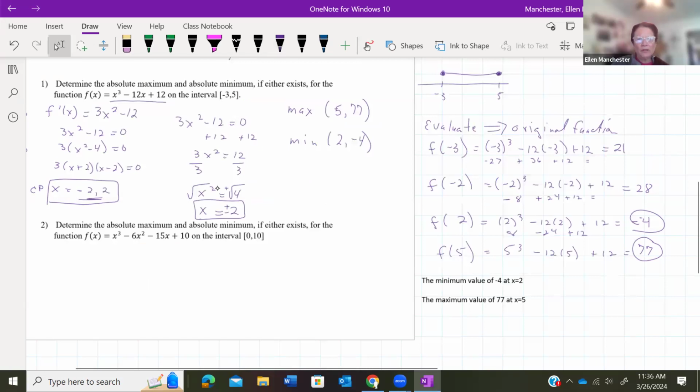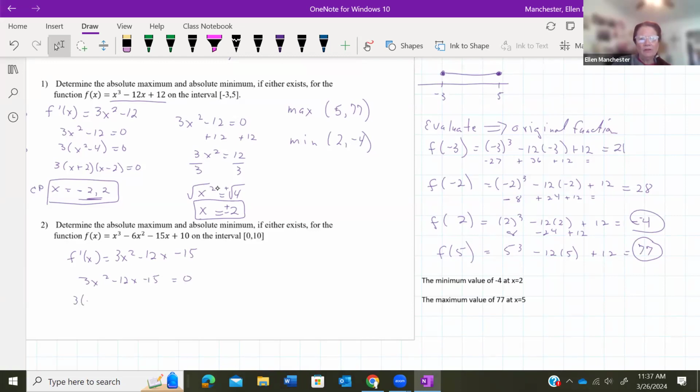All right, so for this one, again, same exact thing, looking for absolute max, absolute min. Here's our new domain, 0 to 10. So I'm only looking for critical points that fit within that 0 to 10 range. So first step, I'm going to find my derivative. I'm going to set my derivative to 0.